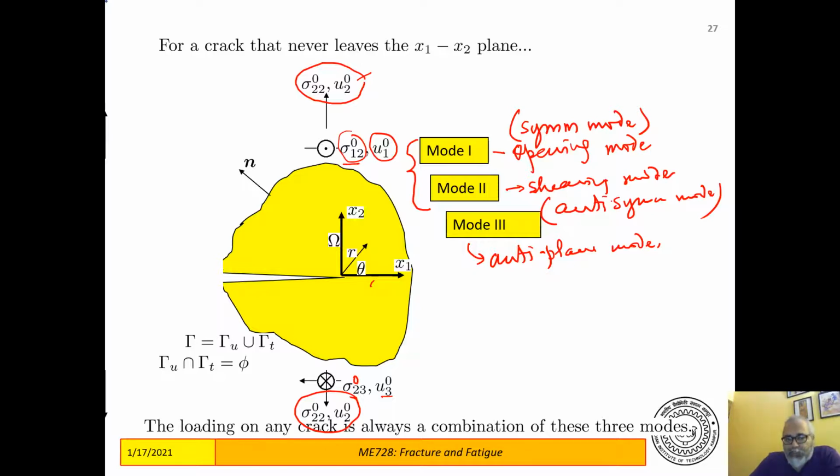Now, in such situations, the Airy stress function that I'm going to choose has to be such that the units of r, or units of x1 and x2, length units, do not matter. So if I took a photograph of this and enlarged it, I would see a bigger crack, but the bigger crack will look locally exactly the same as a crack looked at in, say, the micrometer scale.